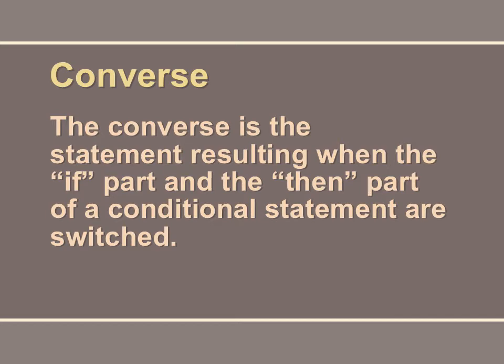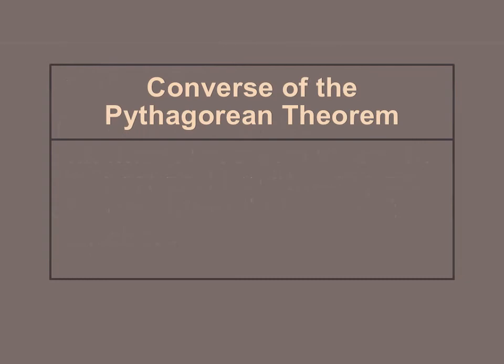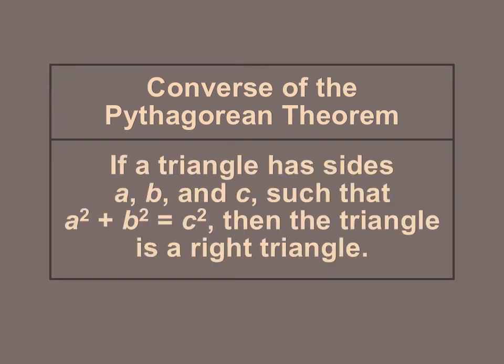So now we're going to reverse it, and the converse of the Pythagorean theorem is that if a triangle has sides A, B, and C such that A squared plus B squared equals C squared, then the triangle is a right triangle. Remember before the theorem said that it had to be a right triangle.